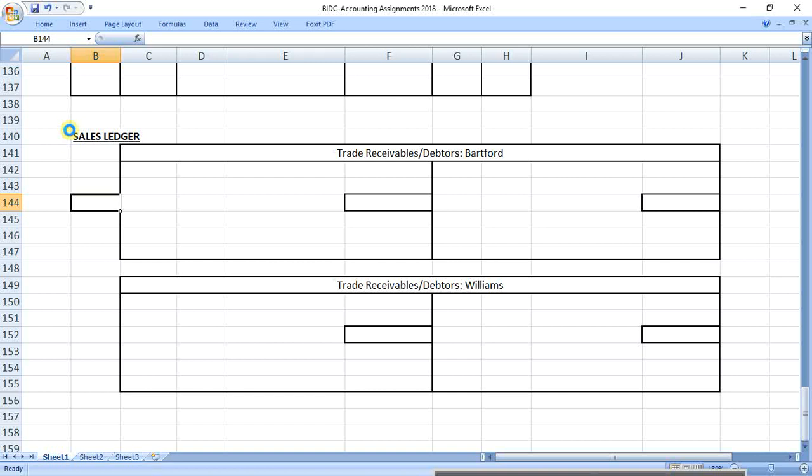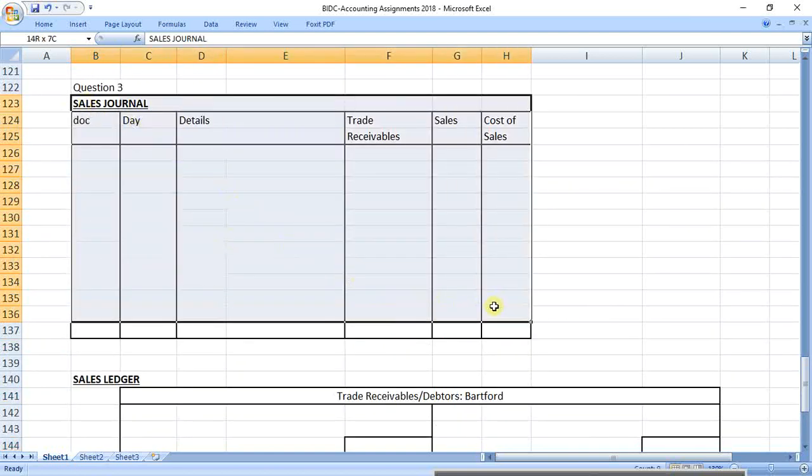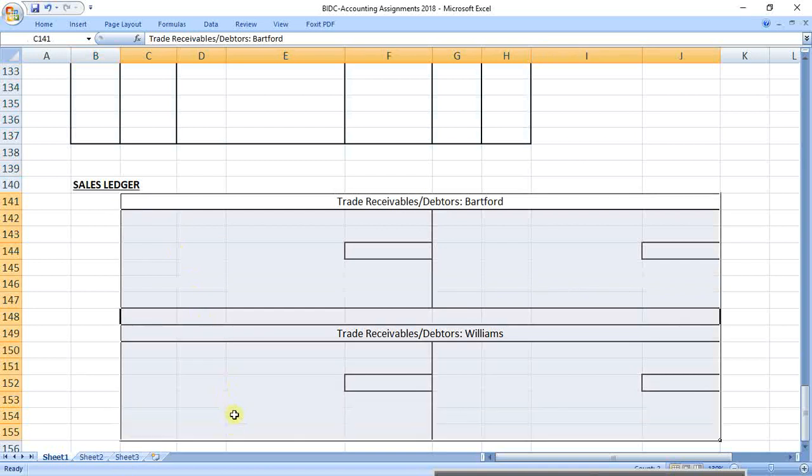So would this be their balances or? No, this would be their accounts, their specific accounts. In the sales ledger. So yeah, it would be specific accounts. Remember, the journal is here. Journals record the transactions. Trade receivables would summarize the transactions. It would take each person's transaction separately here.